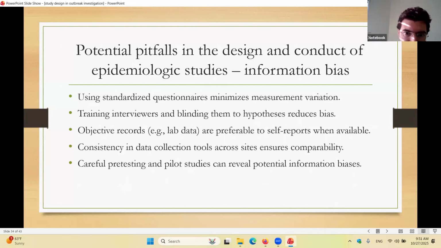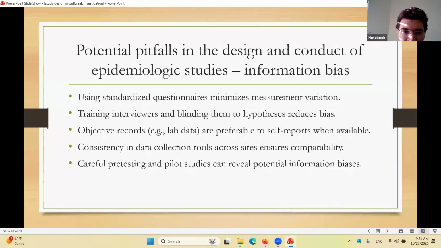Using standardized questionnaires minimizes measurement variations, and training interviewers and blinding them to the hypothesis reduces bias. Objective records, for example lab data, are preferable to self-reports when available.